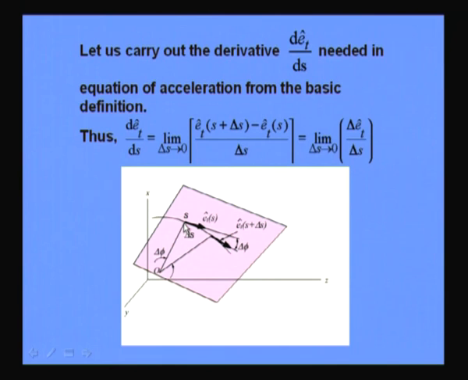If you draw a normal at s and similarly a normal at this point, both the normals intersect at point O and this angle will also be delta phi. So et(s plus delta s) minus et(s) is the vector difference of these two unit tangents.